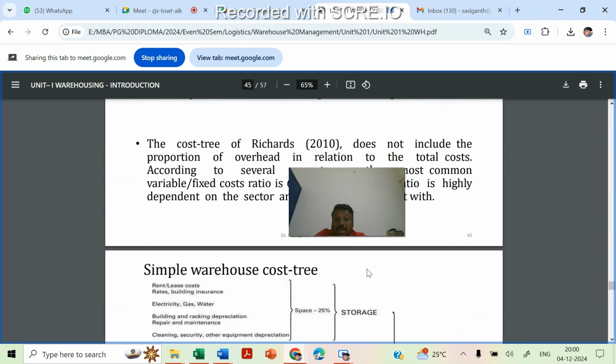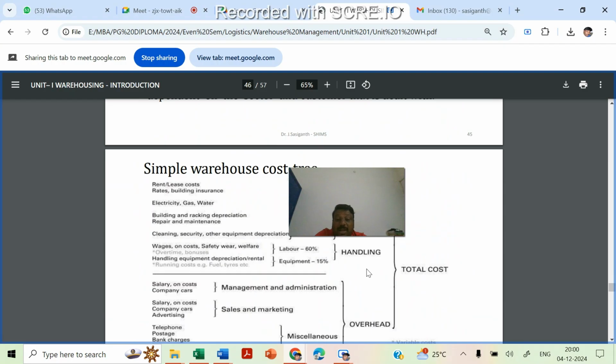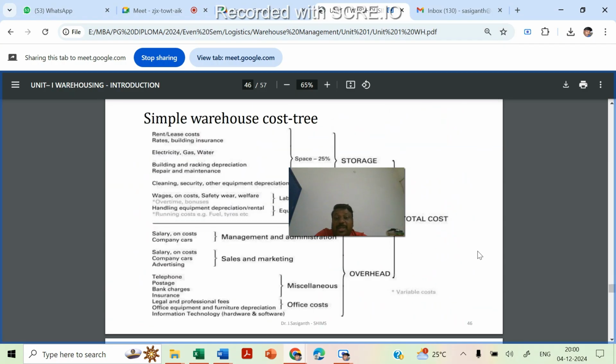Because simply you cannot hold a warehouse. You need to see all these possibilities where you can manage your cost. Only when you manage your cost, you can run your warehouse. Otherwise, it will be difficult for you to handle your warehouse. So this is what you call a cost tree.